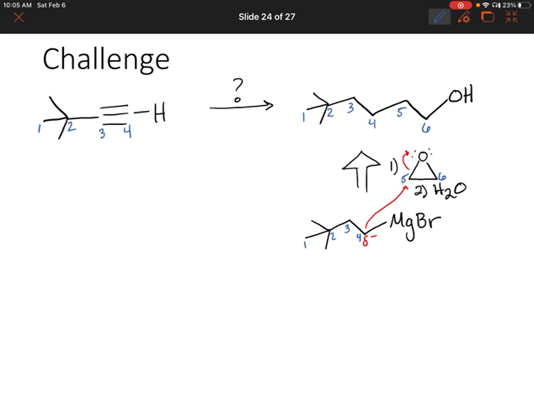Okay, so now we can work backwards and say, how do we make a Grignard reagent? Remember, we can use pure magnesium in some sort of ether as our solvent. And the ether solvent just stabilizes the magnesium ion as it forms.